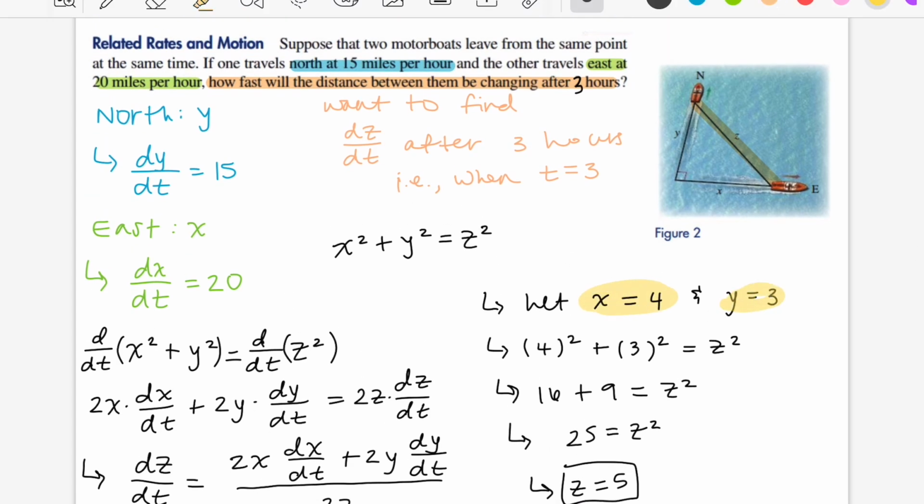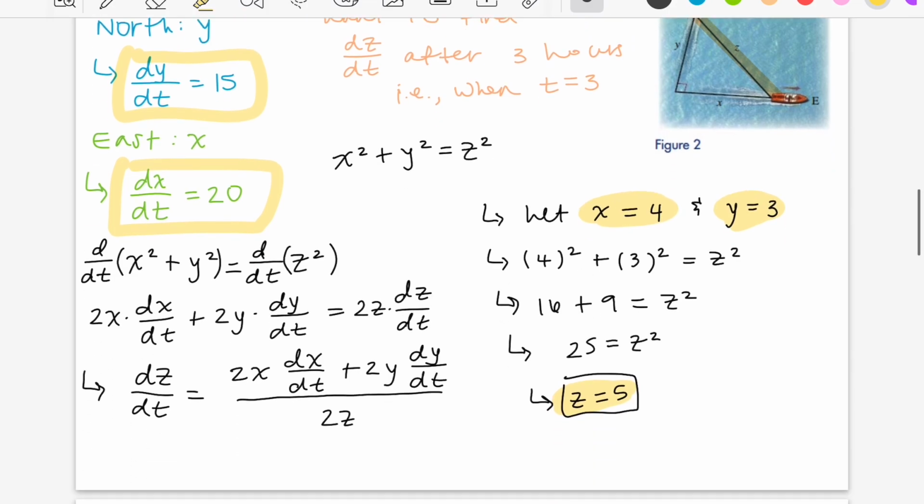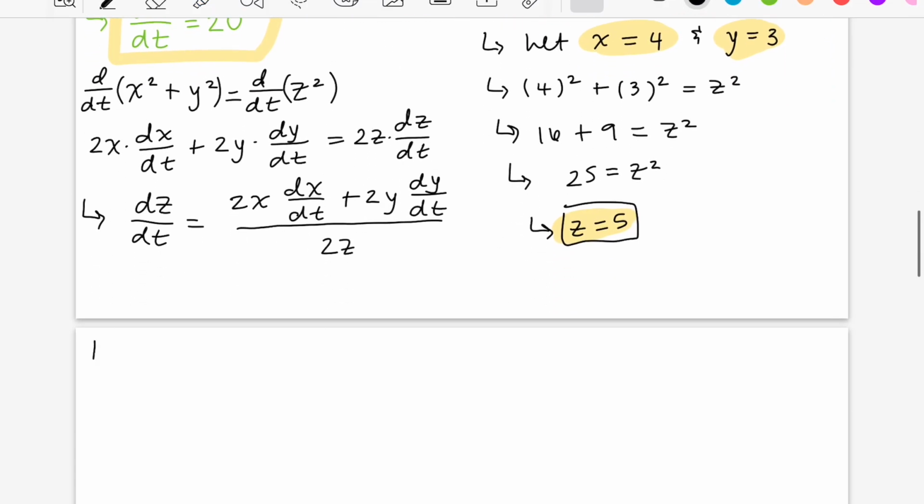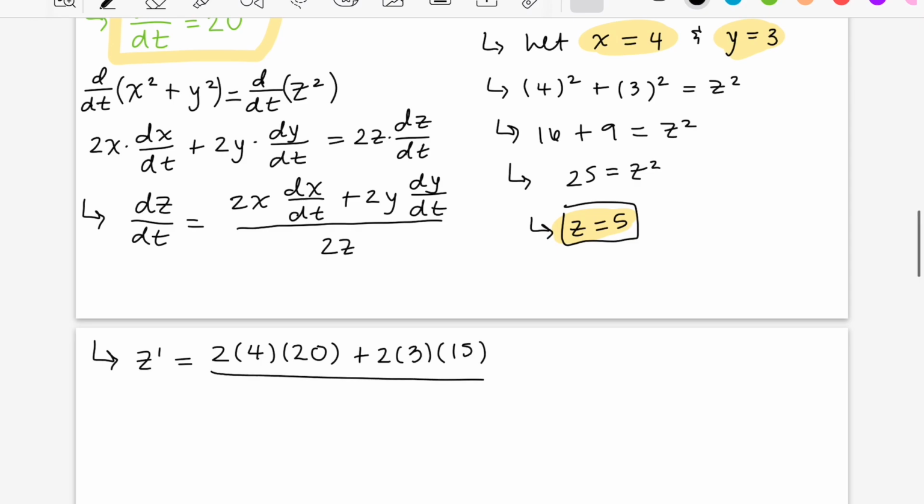these points here along with our values for dy/dt and dx/dt. So we'll do z prime, we get 2 times 4 for x times 20 for dx/dt plus 2 times 3 for y and 15 for dy/dt, all over 2 times 5 for z.